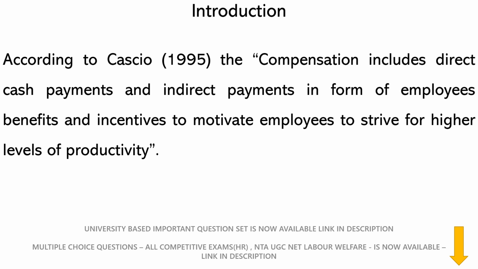So first I've given a basic definition. Compensation includes direct cash payments and indirect payments in the form of employees' benefits and incentives to motivate employees to strive for higher levels of productivity. Simply, we can say that compensation is the total financial and non-financial rewards that an organization provides to its employees in return for the work and the contributions that they are doing for the organization.